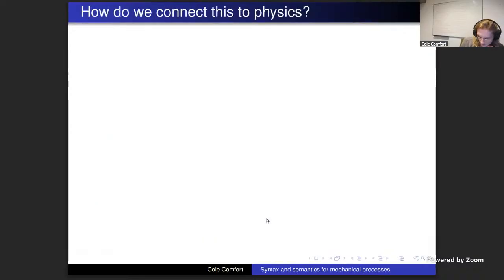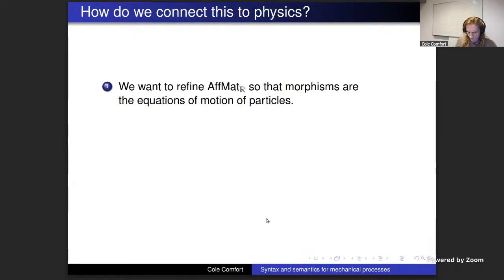So that's my background to linear algebra using pictures, because I try to think of everything in terms of pictures. But the point of this talk is about physics. So how can we connect this kind of string diagrammatic graphical way of thinking about linear algebra to physics? So one thing we might want to do is to take affine matrices over the real numbers, say, and then refine things so that we only allow the affine transformations which are physically valid processes.